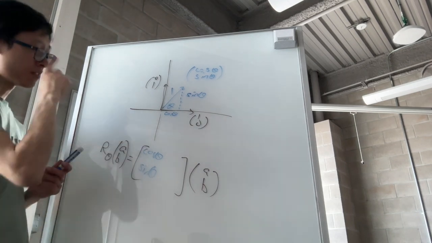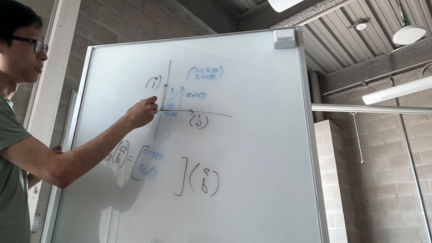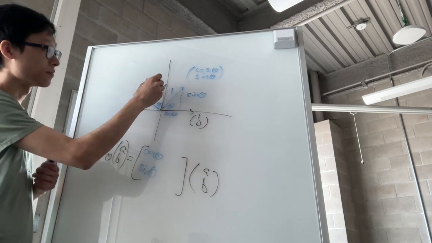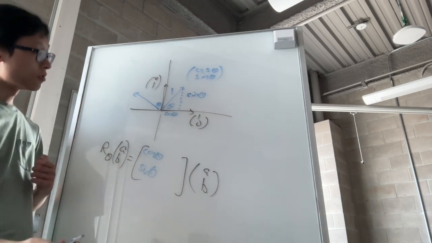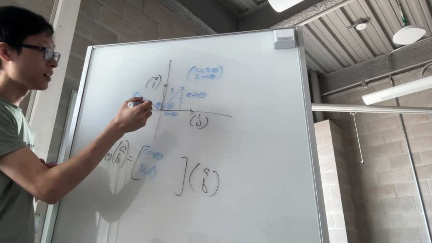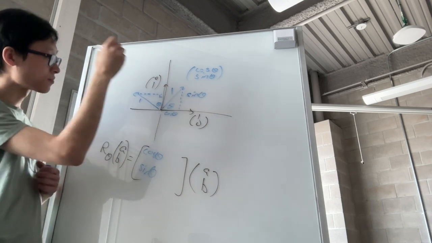Well, that's great and all. How about 0, 1? If I rotate this by theta degrees, it's going to look like this, where this is now angle theta here. What's that vector? Because that's going to be the second column. Well, you sort of just draw the triangle again. That's length 1, right angle triangle.